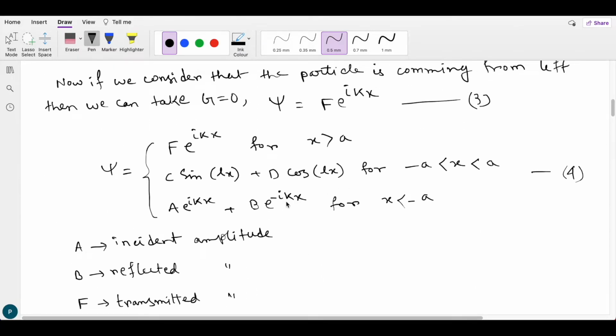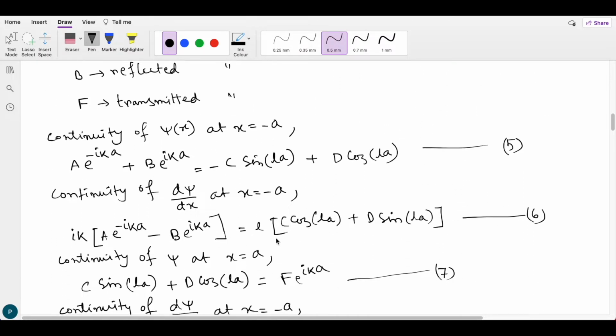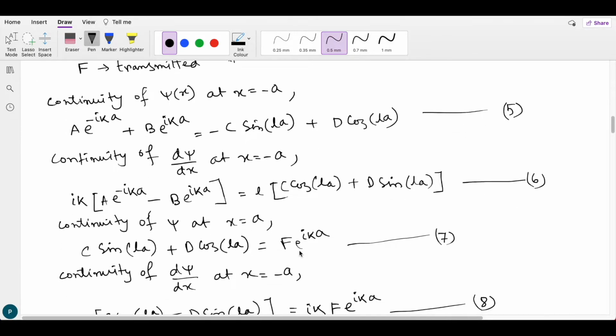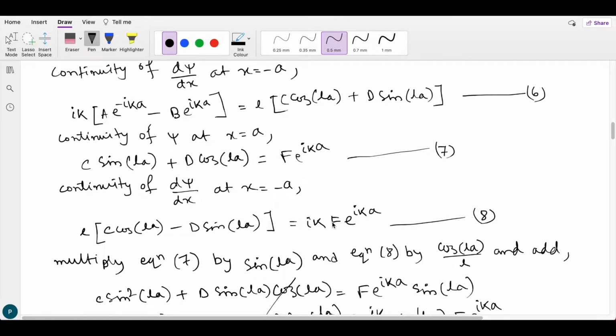We just have to differentiate this psi and put x equals minus a, and we get equation 6. Similarly, the continuity of psi at x equals a gives equation 7, and continuity of d psi by dx at x equals a gives equation 8.